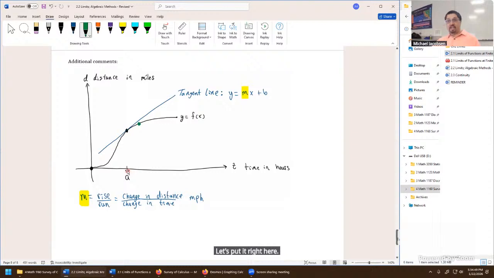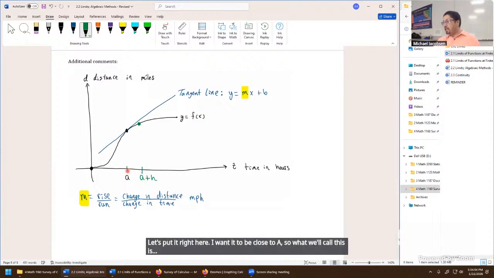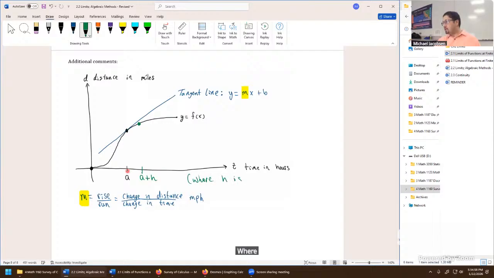I want it to be close to A, so what we'll call this is A plus h, where h is a small value. So add just a little bit more to your original value A to get A plus h, and you get a new point right up here. That means you have a different kind of line. It goes like this.